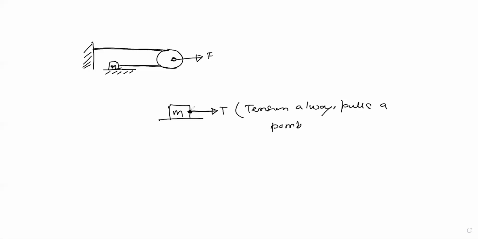So for this point, tension will be in this direction, the pulling direction. And there will be an mg. There will be a normal force. This is the FBD of the mass.